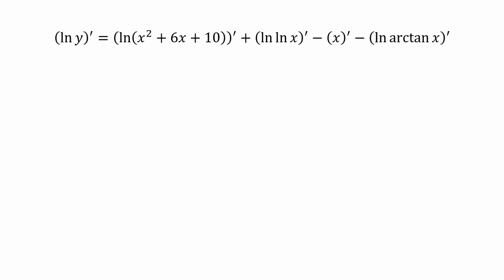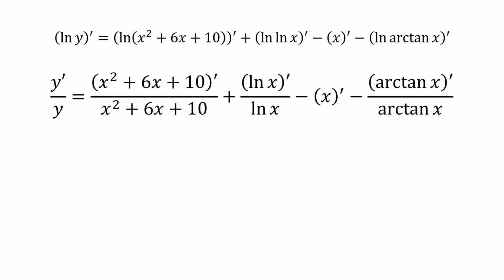This gives us y prime over y equals (x squared plus 6x plus 10) prime all over (x squared plus 6x plus 10) plus (ln x) prime over ln x minus x prime minus (arctangent of x) prime all over arctangent of x.